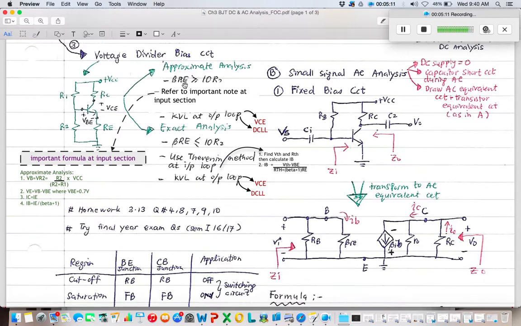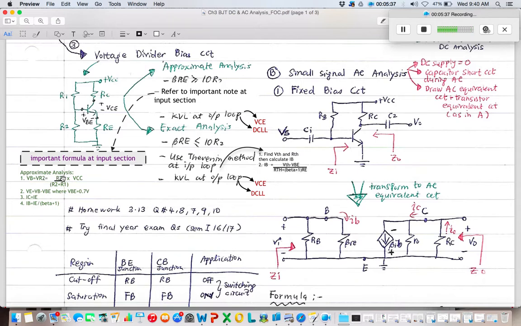So once you obtain the beta RE value, for example, greater than 10 R2, you know you need to use approximate analysis. So refer to important note at input section. Input section is over here. In approximate analysis, you need to calculate the VB. The VB you can get by calculating the VR2.